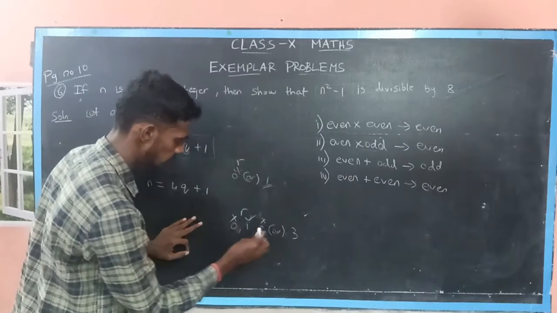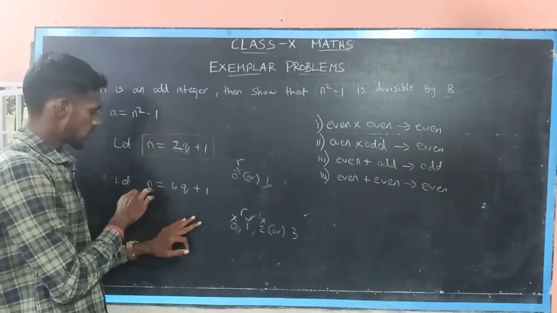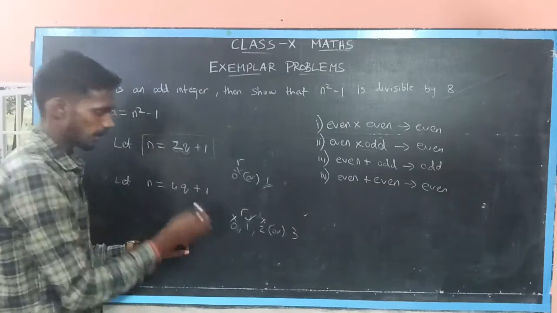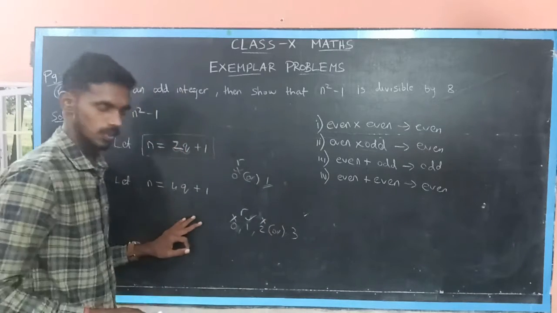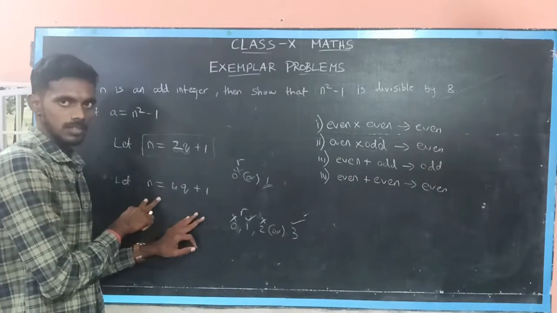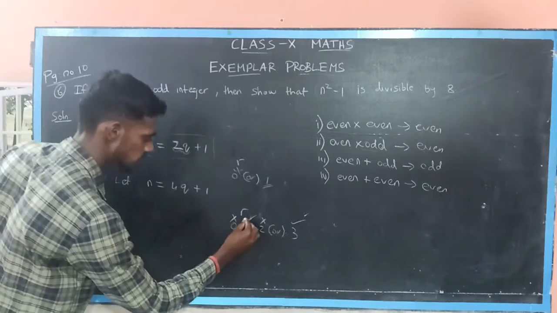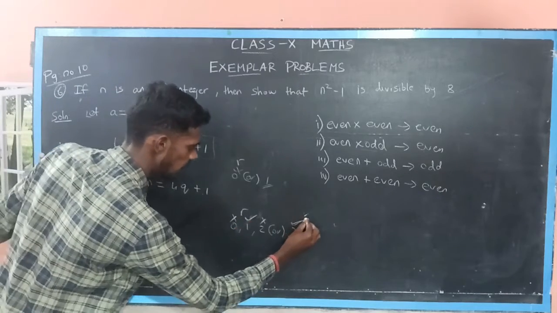So, I am neglecting 2, because even plus even gives even. So, it is contrary to the fact that n is odd. So, I am neglecting the value of 2. Okay. Then taking 3, even plus odd gives odd. This also satisfies the given condition. So, I am taking the values of r to be either 1 or 3.